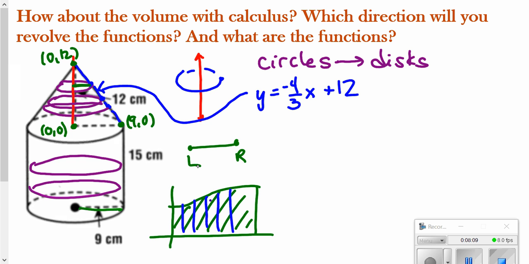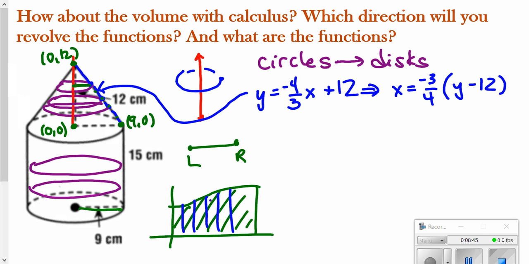So I understand that my left edge is at 0, but my right edge is going to be determined by this line, not as a function of x, but rather as a function of y. So if I reorganize this, I would subtract the 12, so I'd have x equals y minus 12, and then I'd have to multiply by the reciprocal. There are a couple of algebra steps that I did there all together. Feel free to write more if you need to, and work that out for yourself, okay?